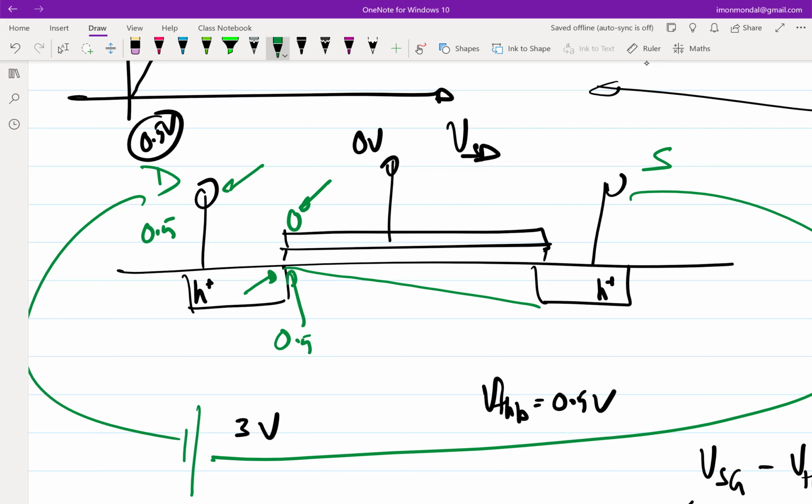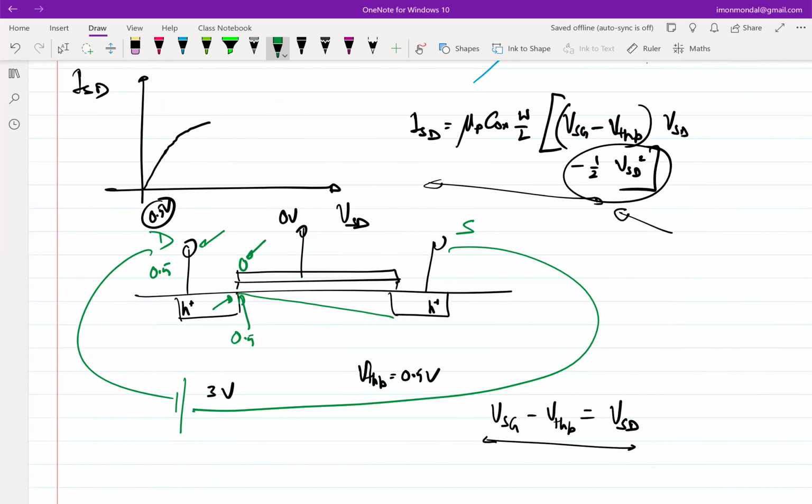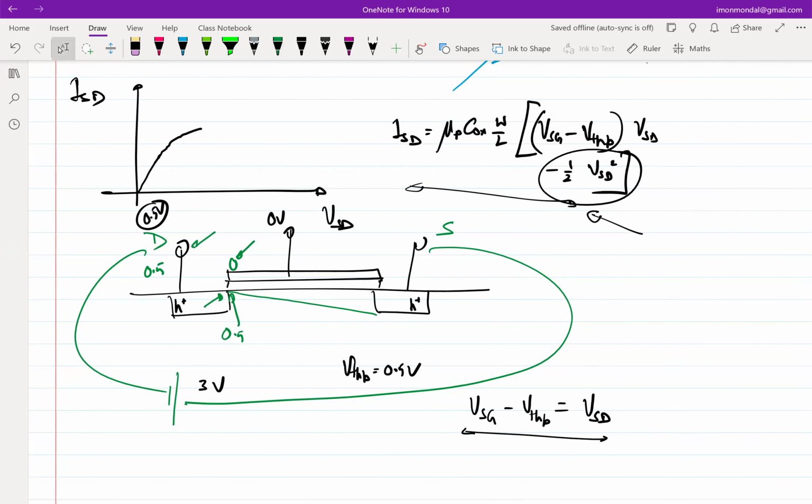The moral of the story is, if you keep on increasing VSD, the channel profile will go from a trapezoid towards almost a triangle. And at the edge of the triangle, where the triangle is getting intersected here, you are not going to have any mobile charges, right?